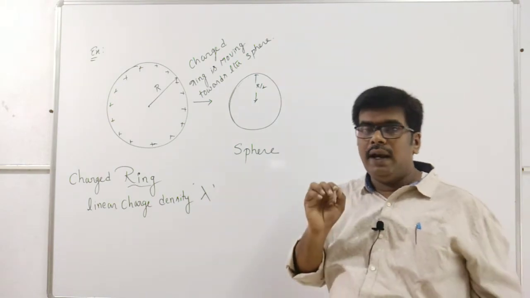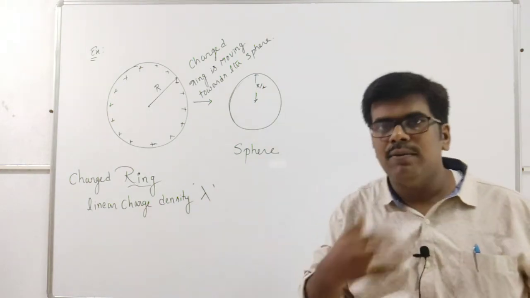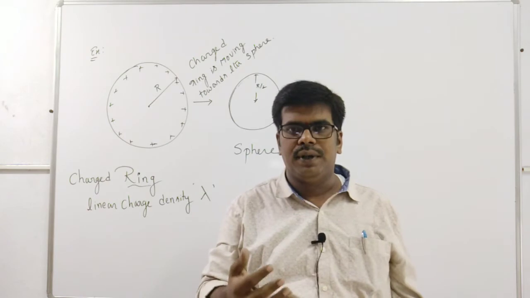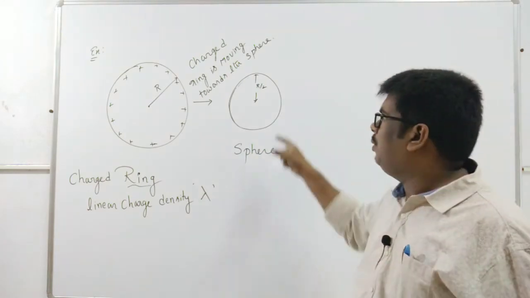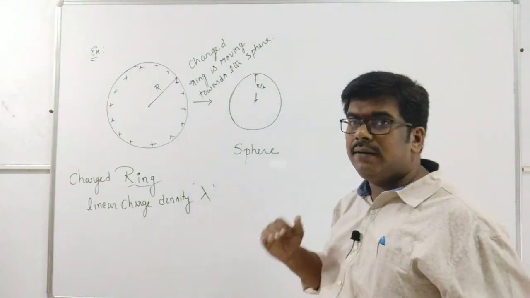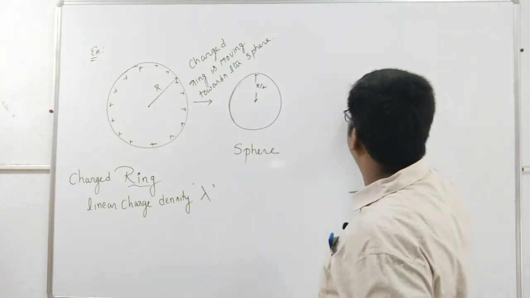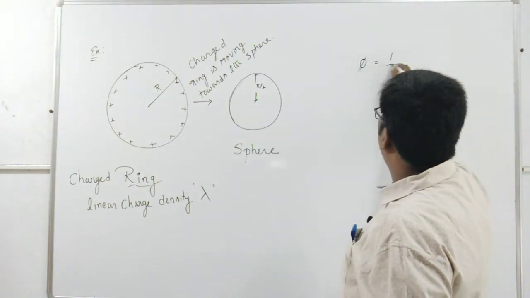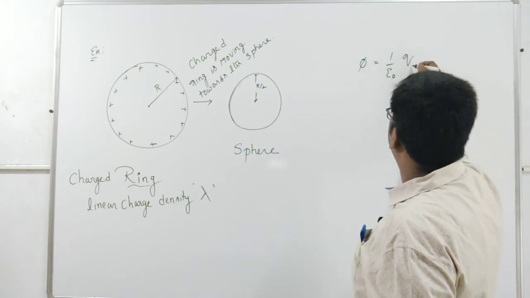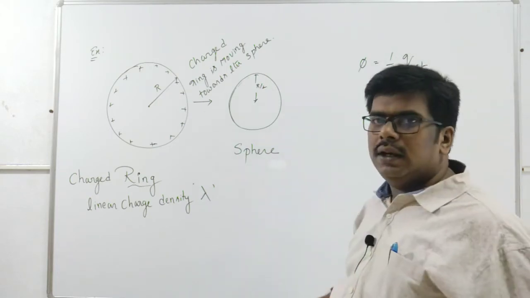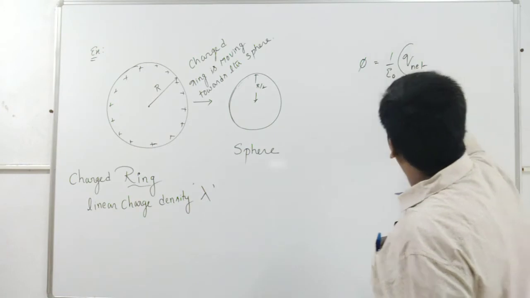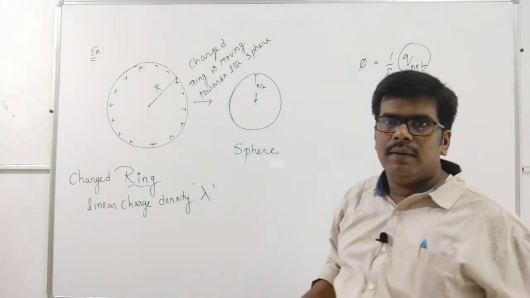So when will the maximum flux be produced? What is the maximum flux produced by this sphere? They are asking. You may understand that flux is nothing but 1 by epsilon naught times the net charge. So flux is maximum when the sphere encloses the maximum charge.